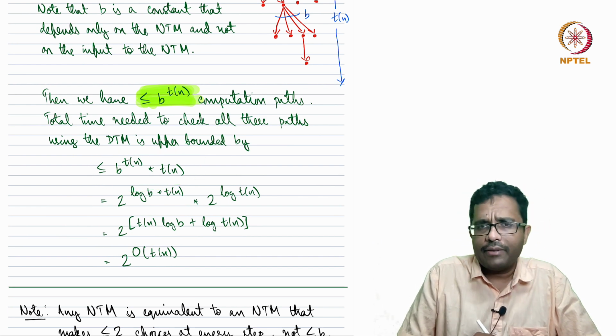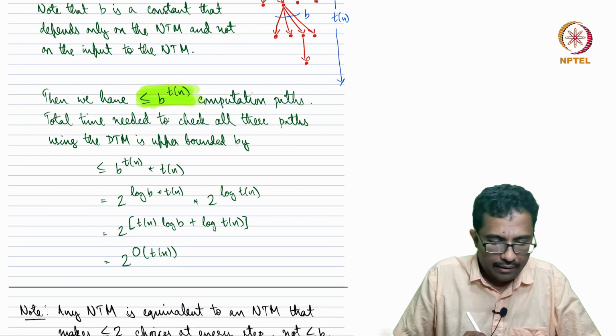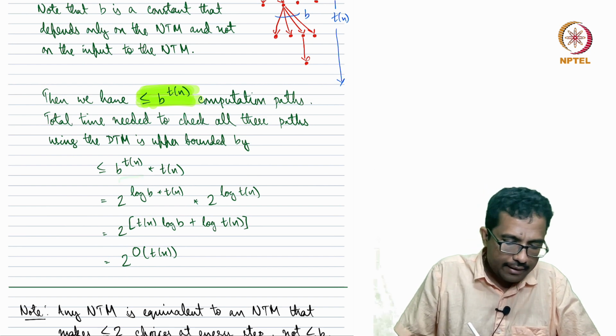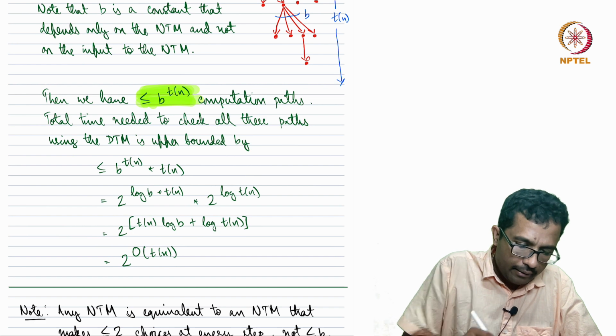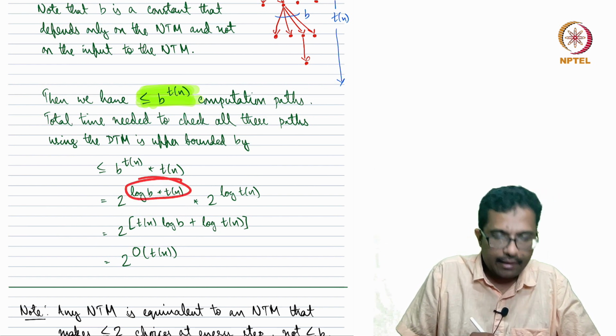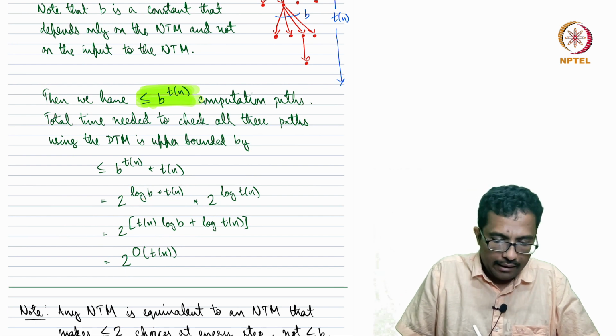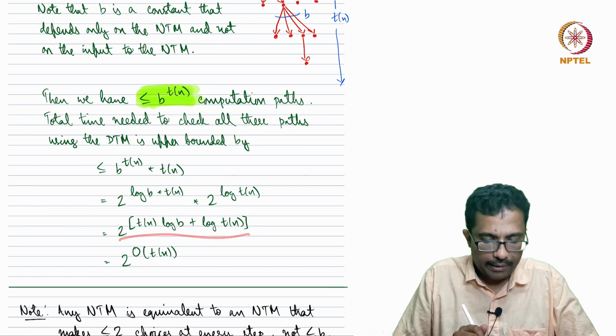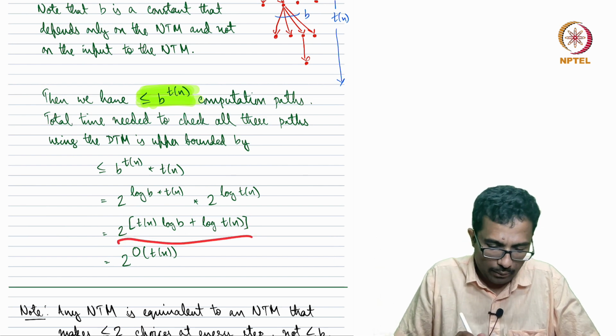What follows is a very standard calculation. b to the power t(n) we can write as 2 to the power (log b multiplied by t(n)), and t(n) we can write as 2 to the power log t(n). By adding the exponents we get the third equality.